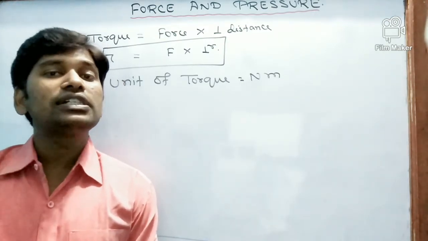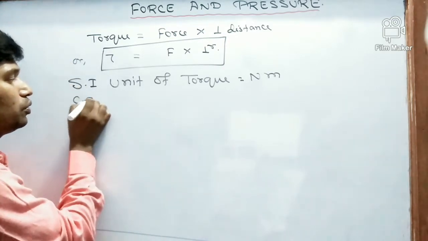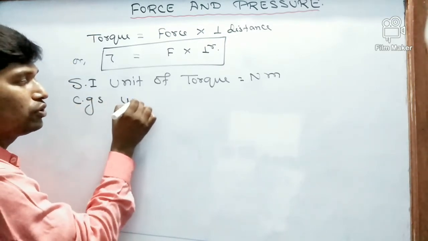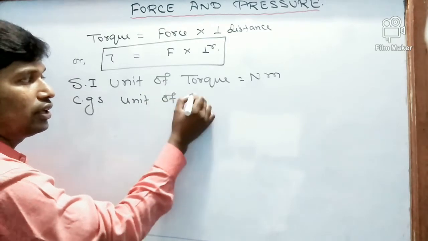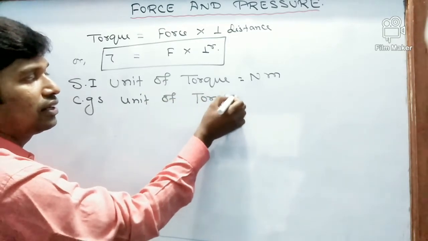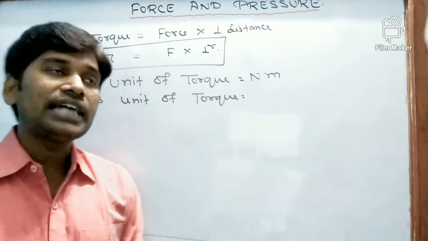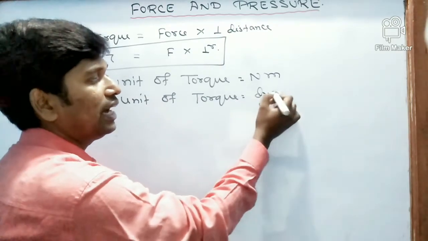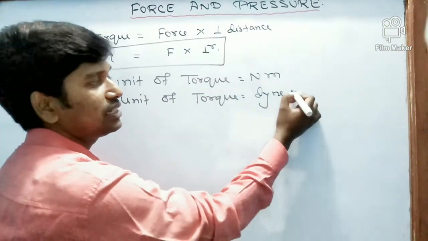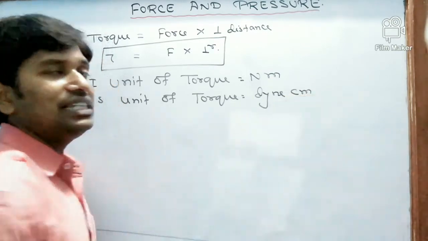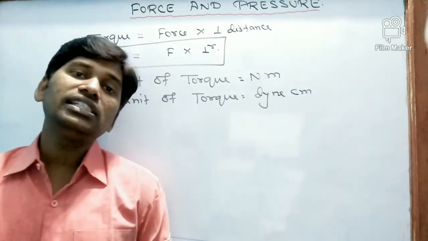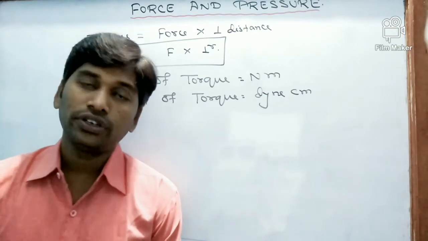If we talk about its CGS unit, similarly we can write, force is measured in dyne and distance is measured in centimeter. So dyne centimeter is the CGS unit of torque.